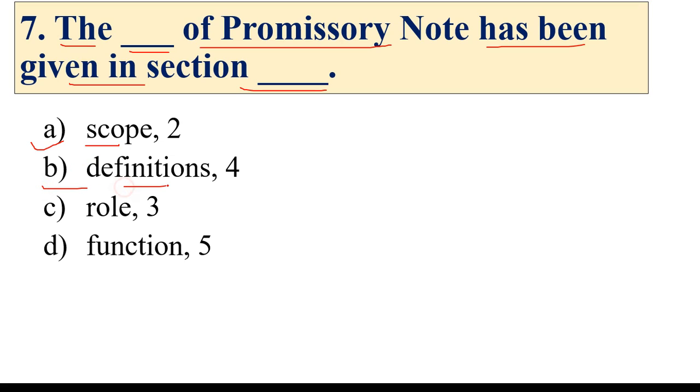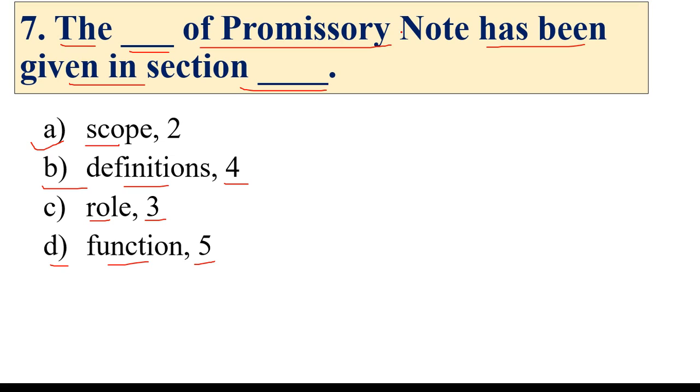B is definition and 4. C is role and 3. D is function and 5. So the dash of promissory note has been given in the section dash.